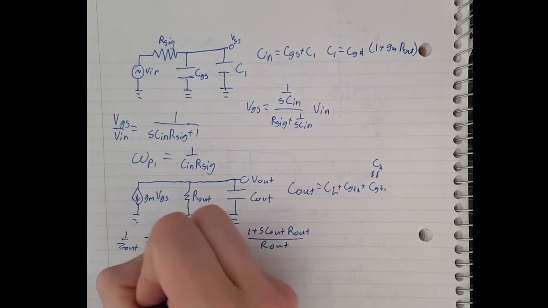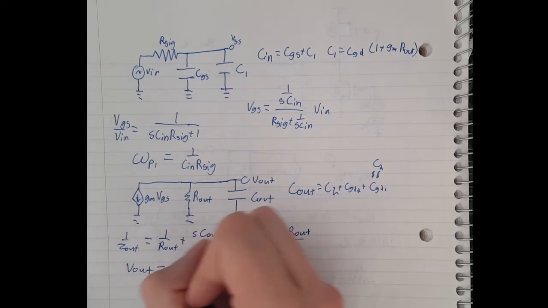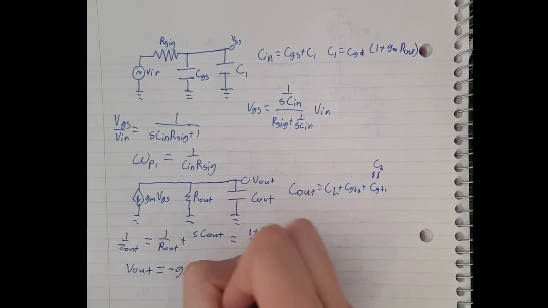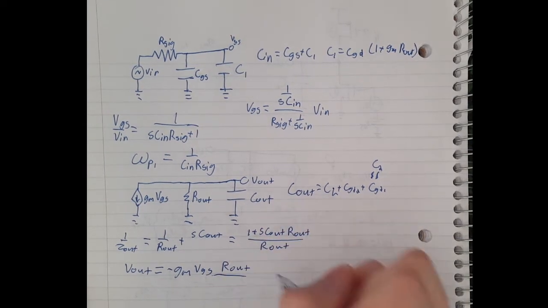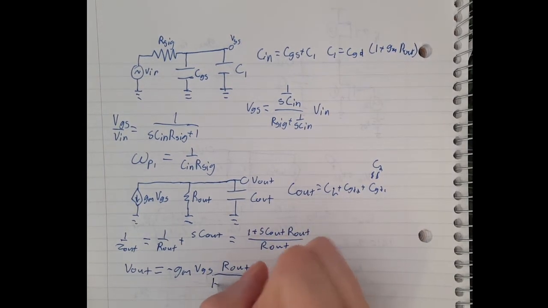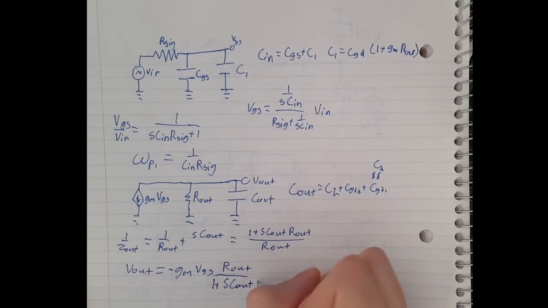And then V out equals negative GM VGS times R out all over 1 plus SC out R out.